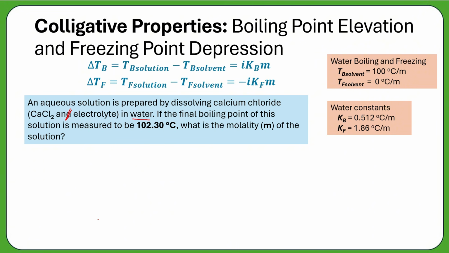Now, you might be confused: oh, it's asking for molality. Should we use the formula m equals moles of solute over the kilogram or the mass of the solvent? Yes, if the mass of the solute or the moles of the solute is given in the problem, but it is not given.